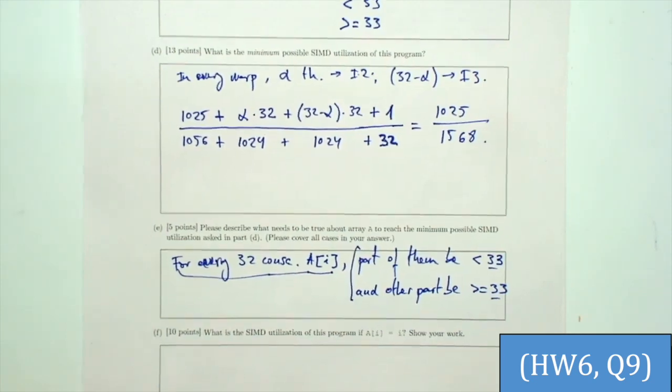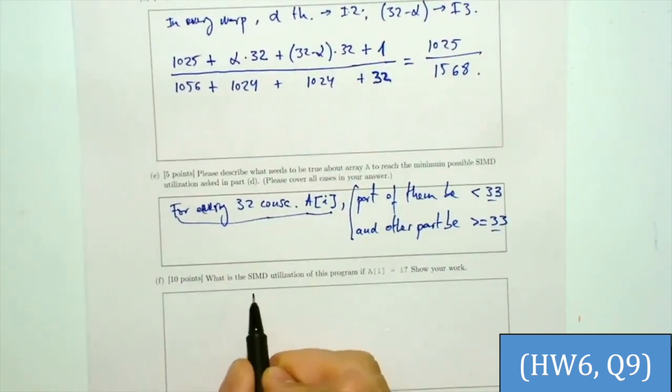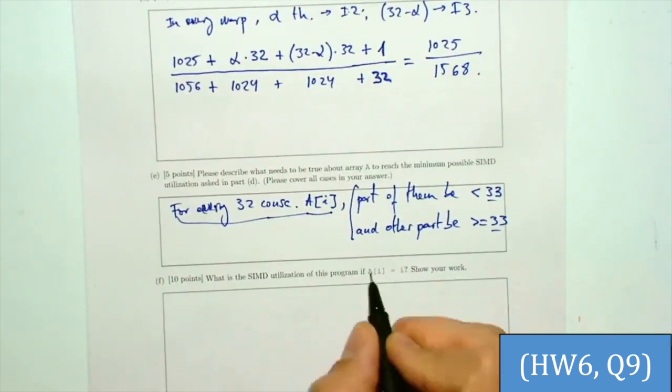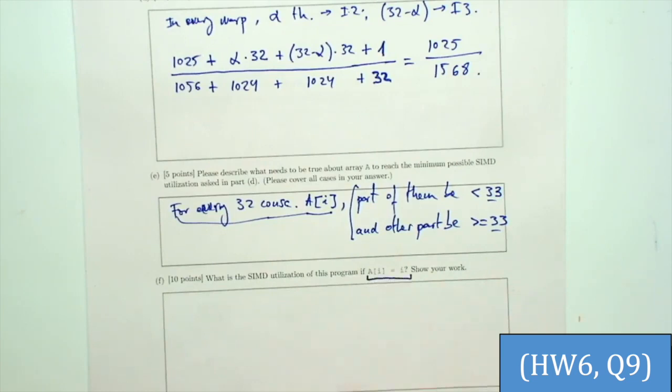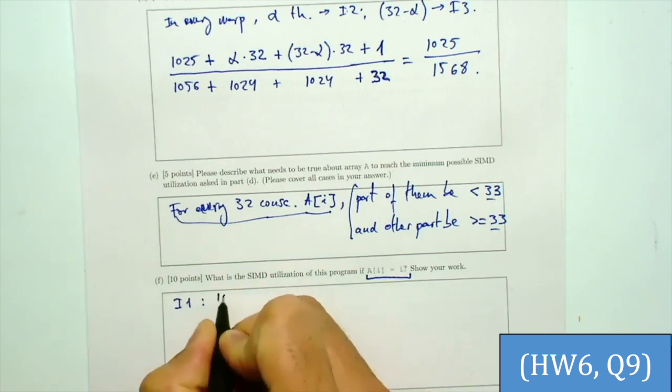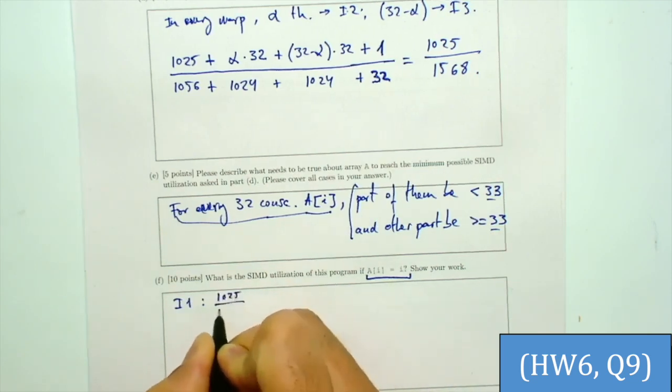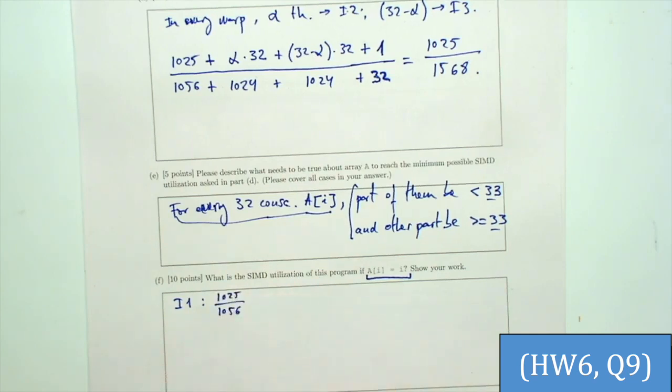And then for the last part, F, what's the SIMD utilization of this program where A[i] is equal to i? Again, for instruction 1, no matter what's true for array A, we will always have 1025 divided by 1056. And then we have that instruction 2 is executed by 33 threads.